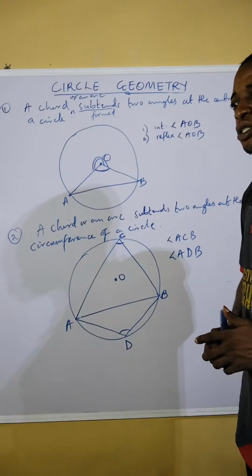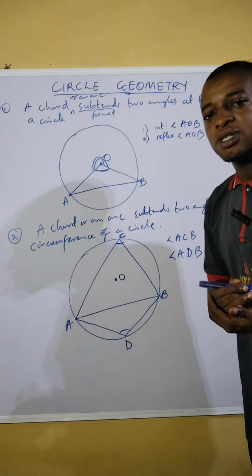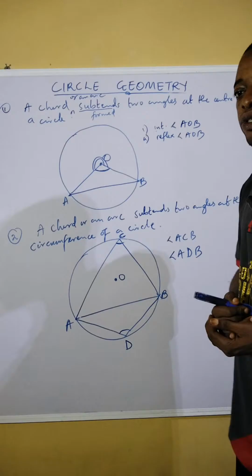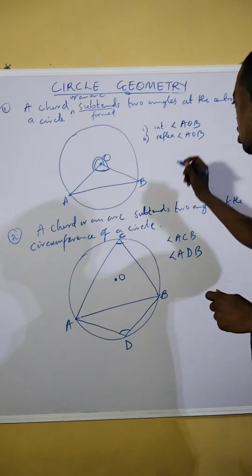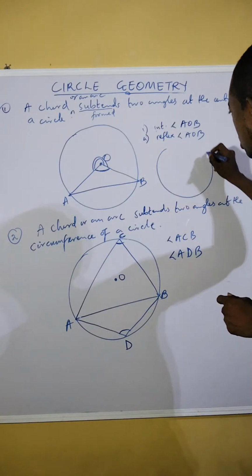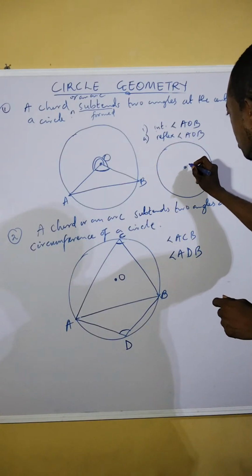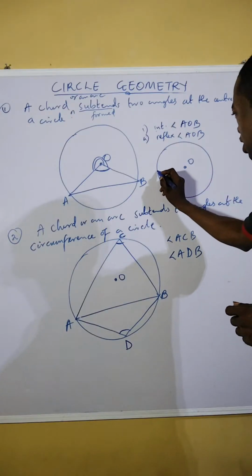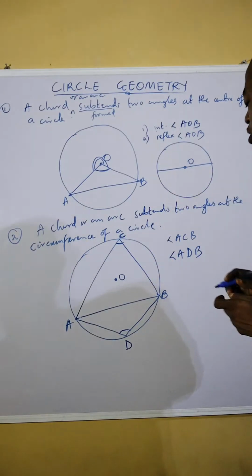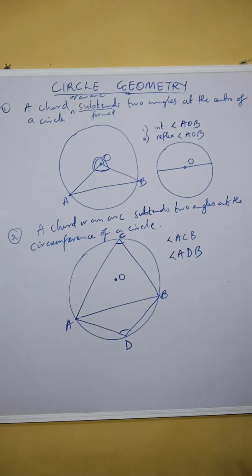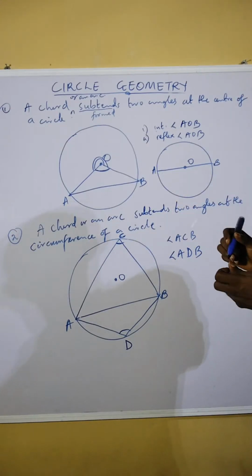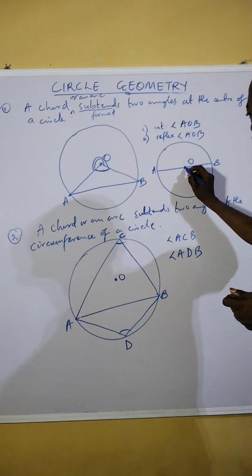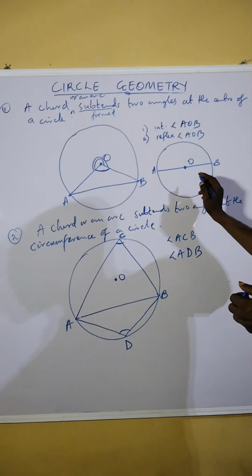And you know, when we talk about a diameter, it is also a chord, right? Which also can subtend an angle at the circumference. And that's a theorem on its own. So when we have a center of a circle and you have a line passing through the center here, we discover that this line we draw now, we can label it as AB. This line is a diameter because it's passing through the center of this circle.